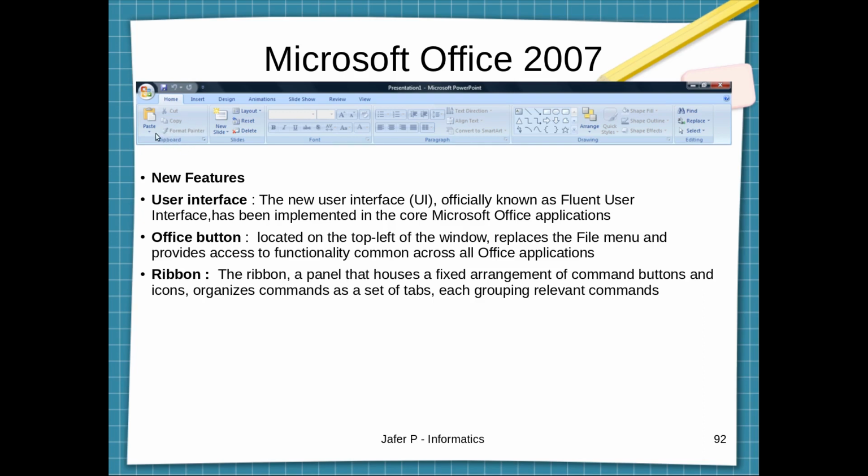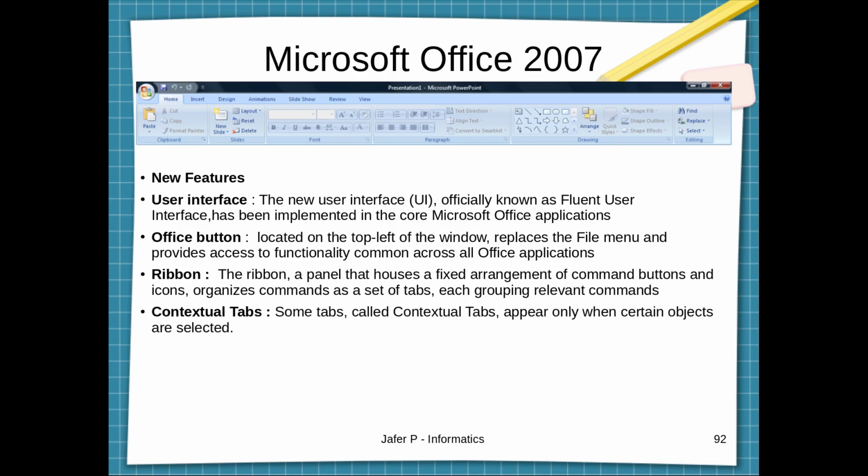These are clipboard buttons like cut, copy, format painter, paste, etc. These commands and buttons are all related to the clipboard. When you see here slides, there are commands: new slide, layout, reset, delete. These buttons are related to slides. And when you go to this particular ribbon, you can see many buttons related to font, right? So that is called a ribbon.